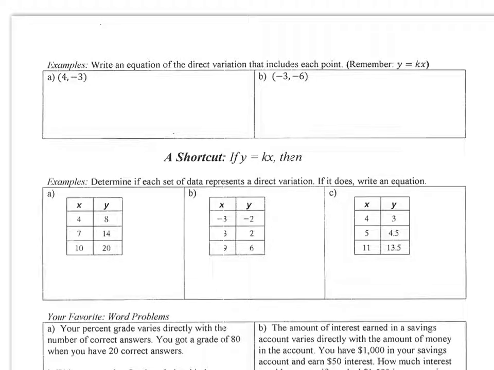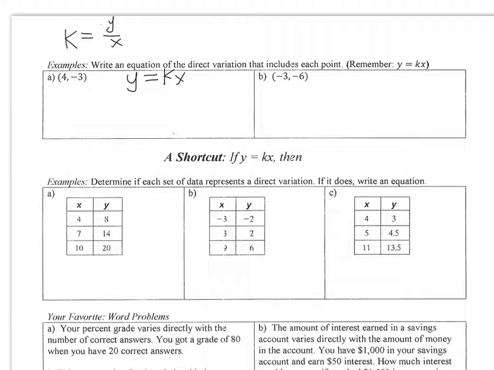Okay, so sometimes you can write an equation for direct variation just given a point. I'm going to use y equals kx as what my final answer looks like. Remember that in direct variation, to get your k, k is equal to y divided by x.